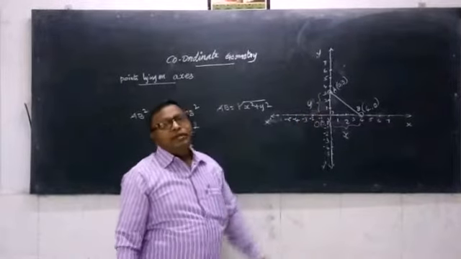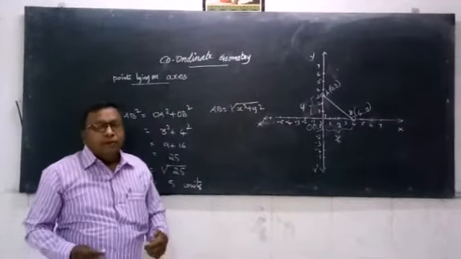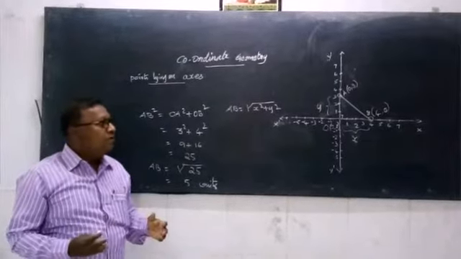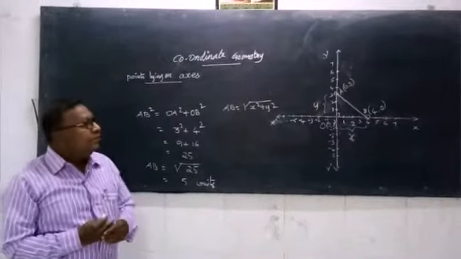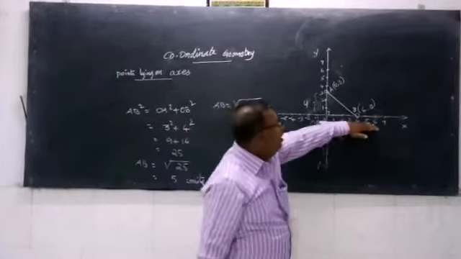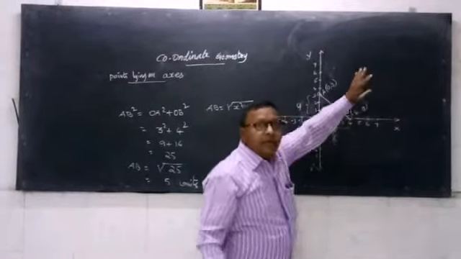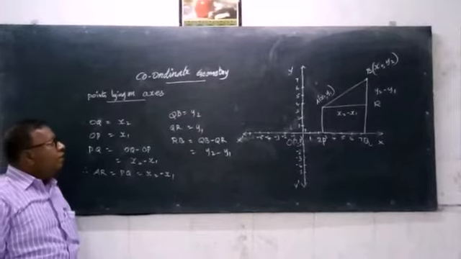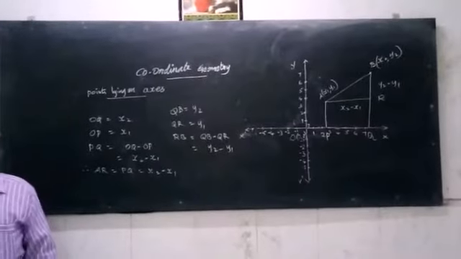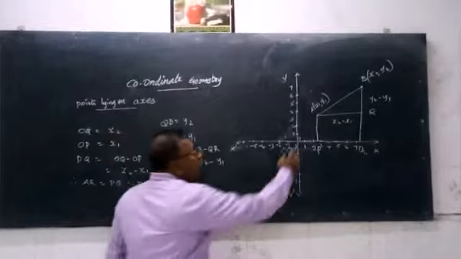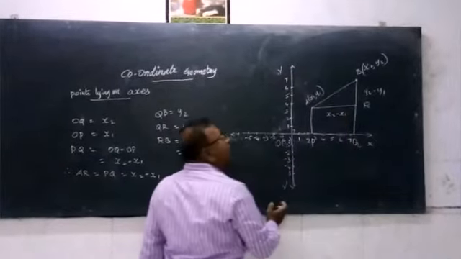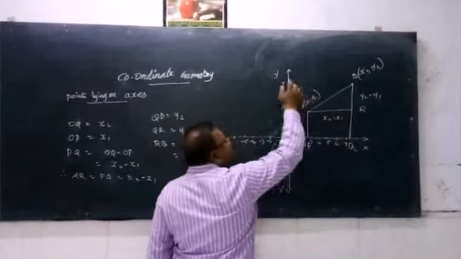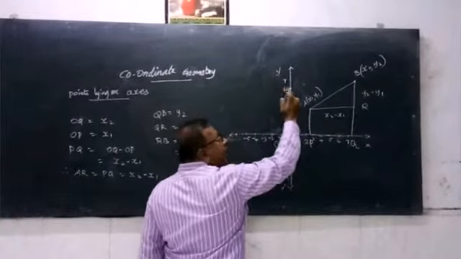Okay, now we shall switch on to the very important part: to find the distance between 2 points on a line which is lying in the plane xy. Okay children, as I said earlier, now we are trying to find the distance between 2 points, say A and B, which are lying in between the coordinate axis x and y.